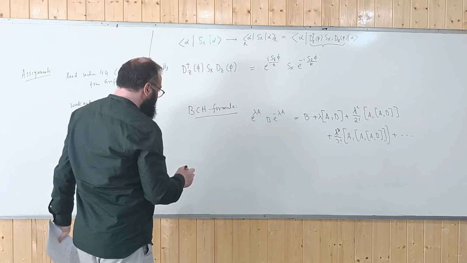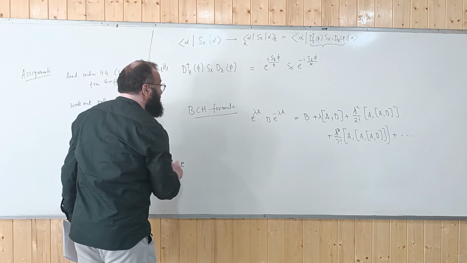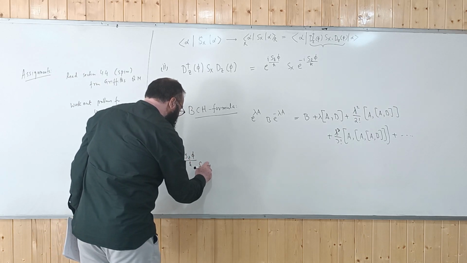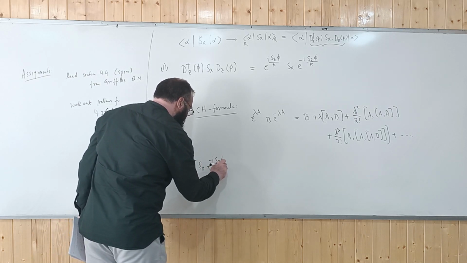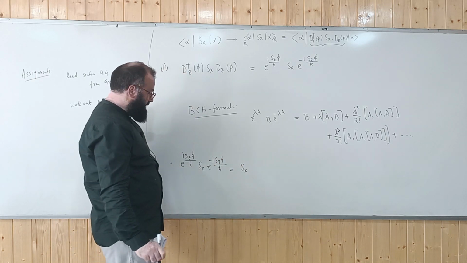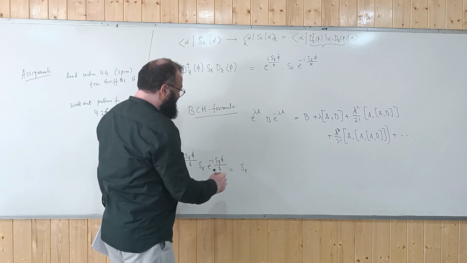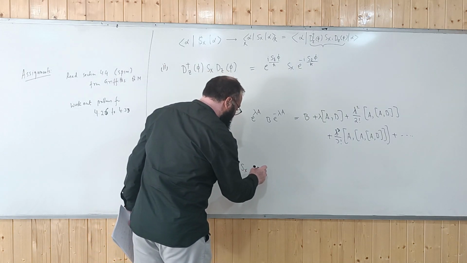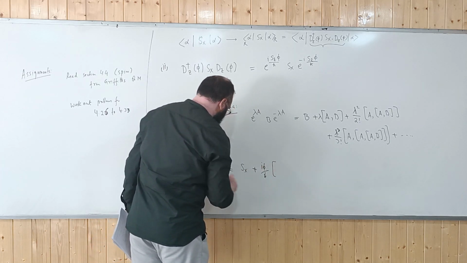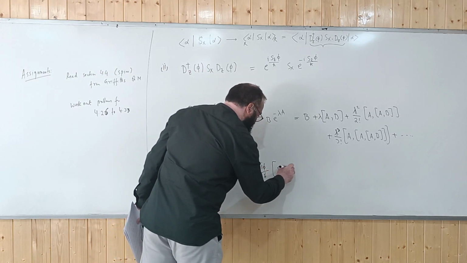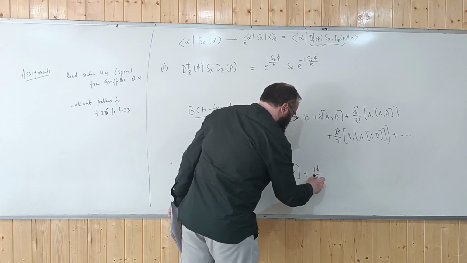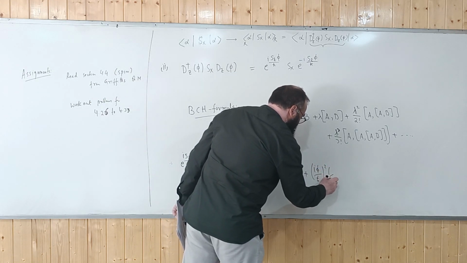So apply it. Therefore I can write this as e raised to i Sz phi by h cross, Sx, e raised to minus i Sz phi by h cross. So what will I write as the first term? Sx. Clear? Okay, what would be the next term? Lambda is i phi by h cross. Clear? So what do you have then? Sz, Sx. What is next? Lambda square: i phi by h cross whole square, 1 by 2 factorial.